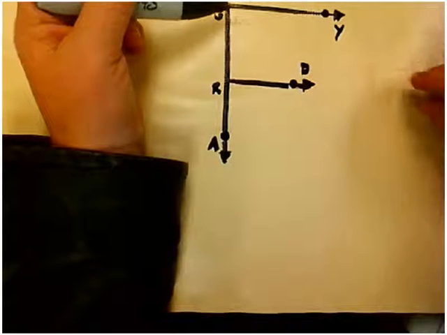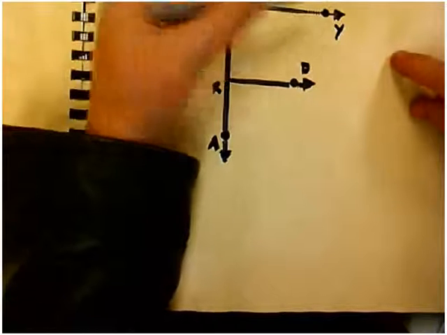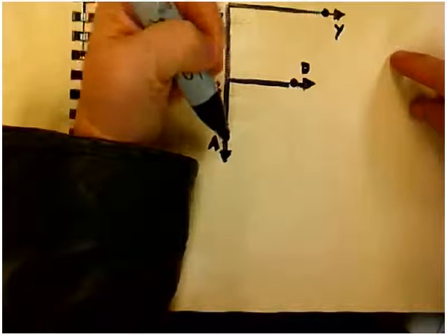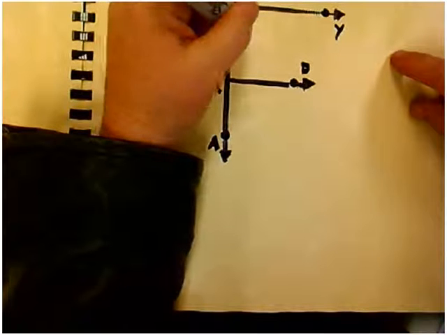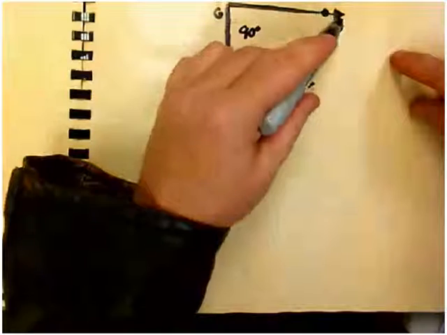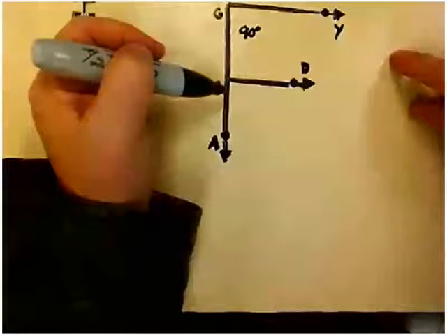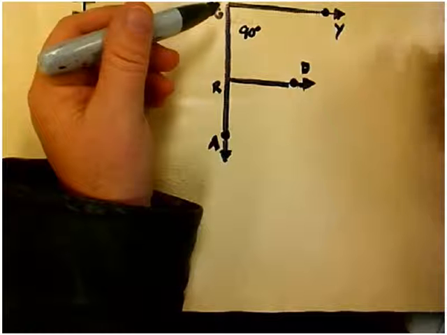Now in the top right corner, they're labeling angle YGA 90 degrees. We could also call it angle YGR, or we could call it angle G. Why is it a right angle?